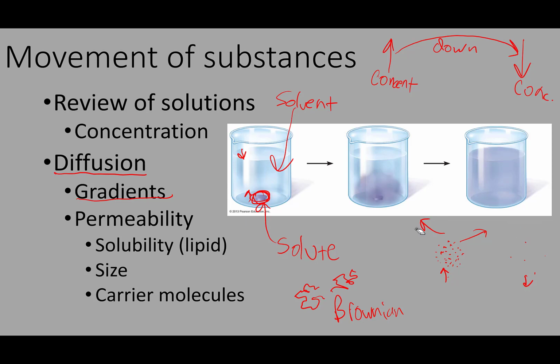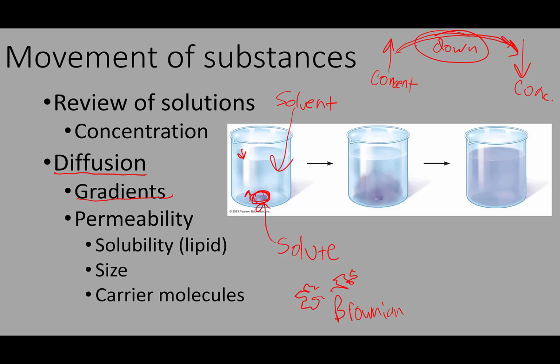That's what diffusion is at the microscopic level. The more clustered together something is, the more likely it is to bump into its neighbors and spread out. We go from high concentration towards low concentration, down its concentration gradient.